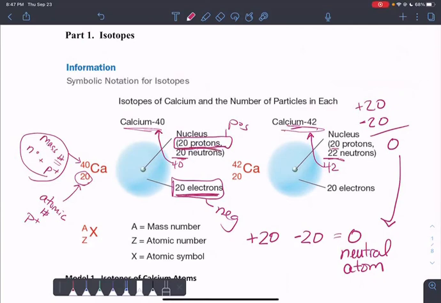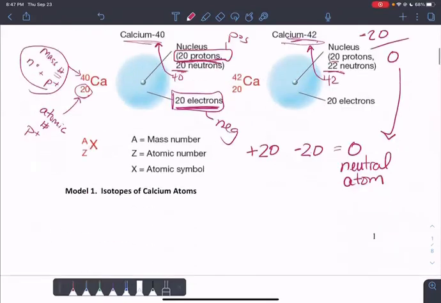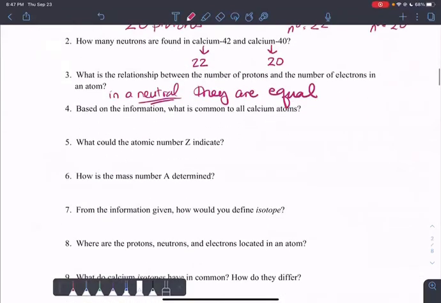So if you have 20 positives and 20 negatives, you have an equal amount of each. Your charge is 0. Now we're not talking about mass, we're talking just about charge here. Okay, so if those numbers were not equal, then you would have what's called a charged ion.